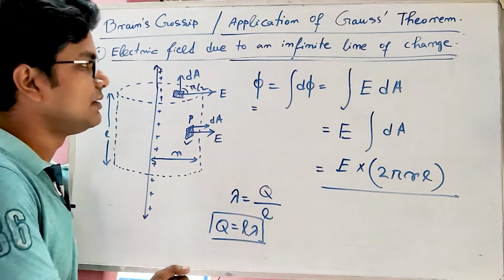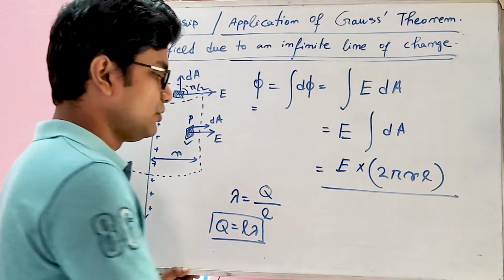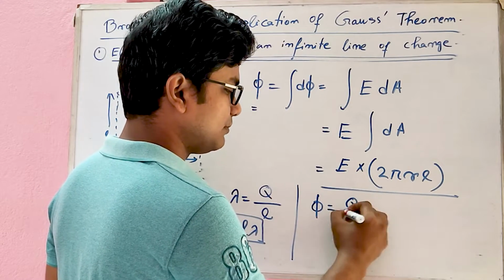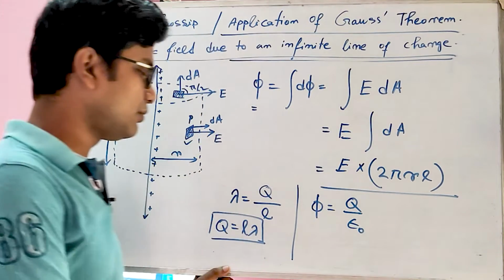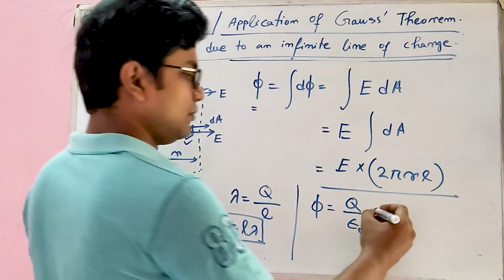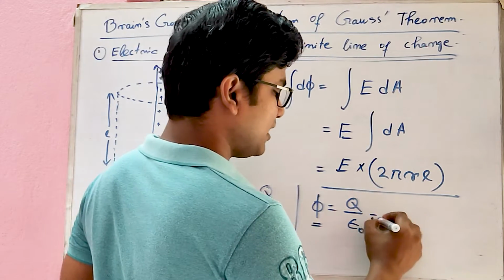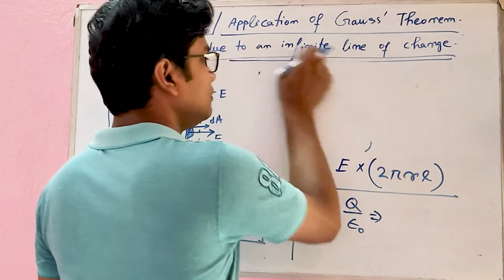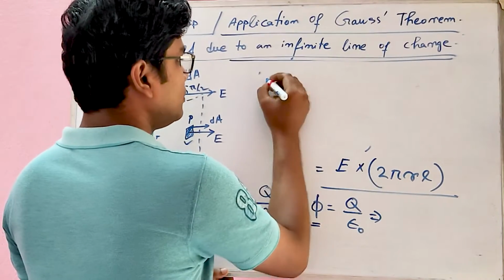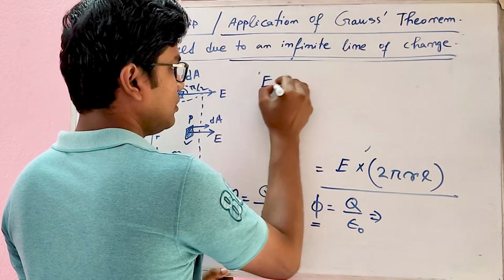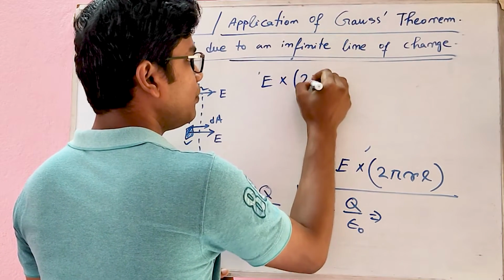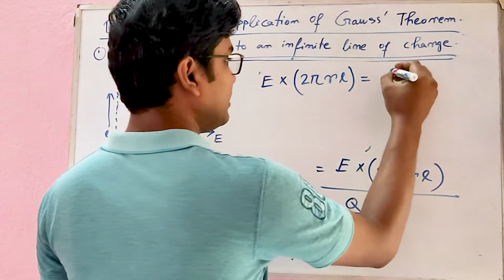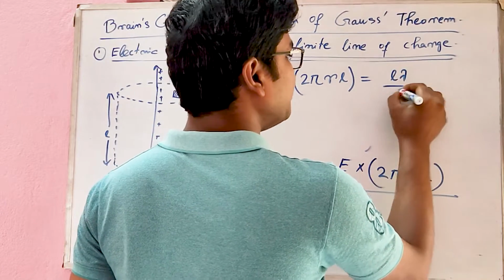Now we will apply this in our Gauss's theorem. According to Gauss's theorem, this total flux phi equals total charge by epsilon naught. That is all we know. Now what is phi? Phi equals E into 2 pi r into L, equal to the total charge, that is L lambda, by epsilon naught.